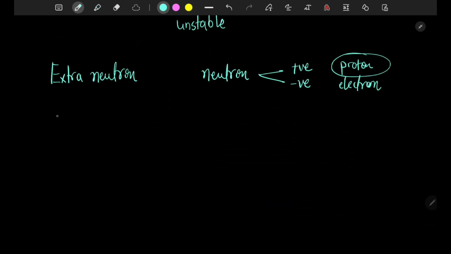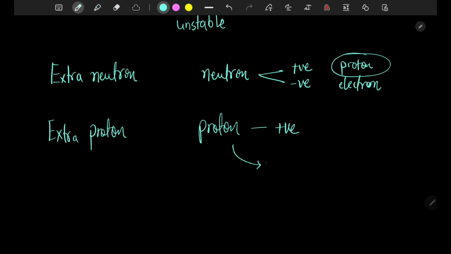Now what will happen if we have an extra proton? We can assume that this proton has some overall positive charge. So what the proton does is it gets converted into a neutron.